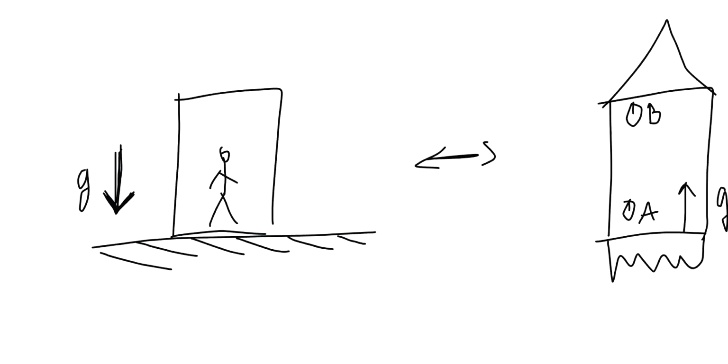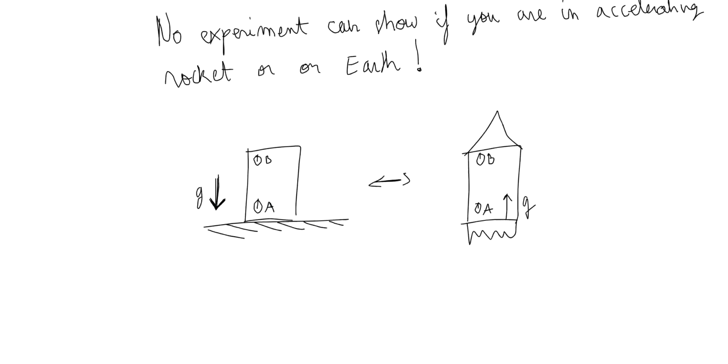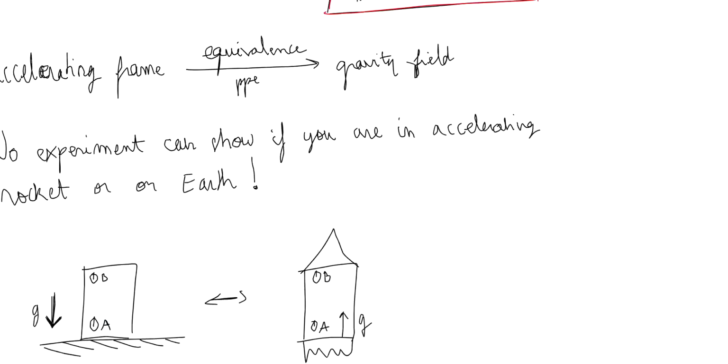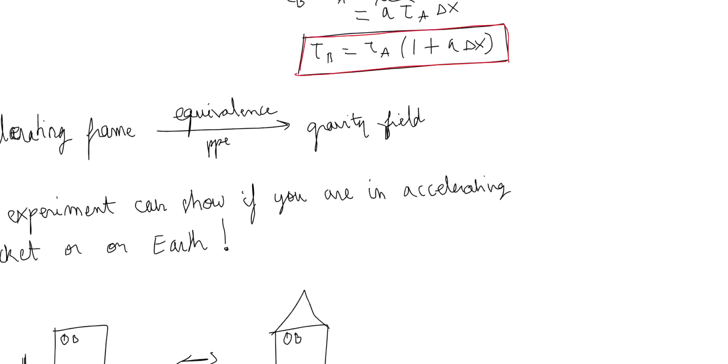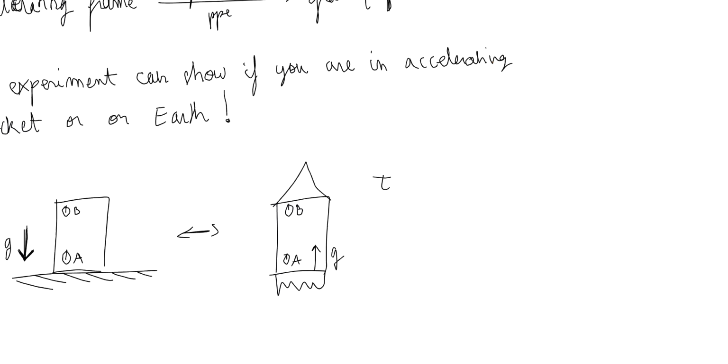Clock A, clock B. We concluded in the rocket that tau B will be equal to tau A times 1 plus the acceleration times the spatial difference, delta x.